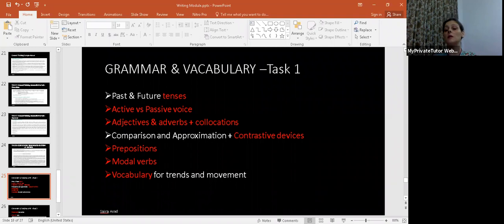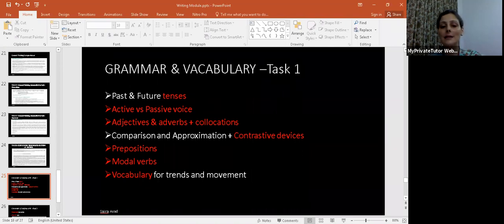The tenses, past and future tenses, you have to maintain that, the tense which you are going to explain in your writing. Active versus passive voice: you should be very clear about the grammatical terms and know all of that. Adjectives, adverbs, collocations: you can bring variations into your write-up.